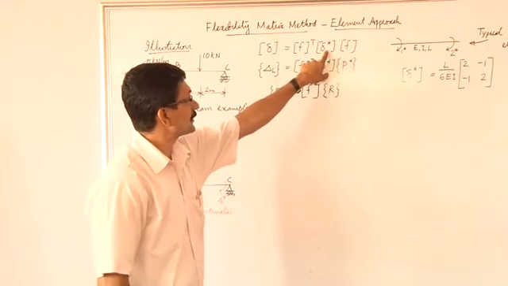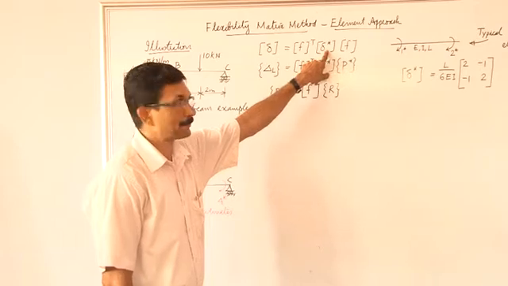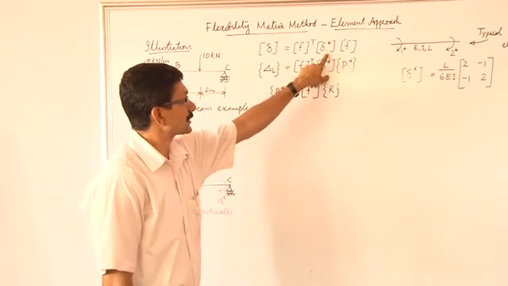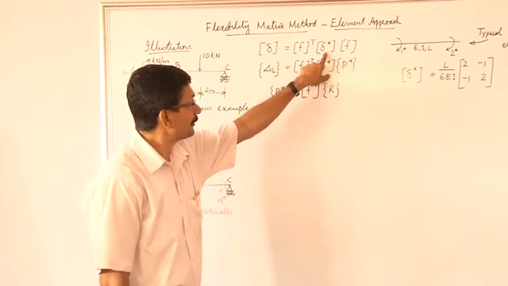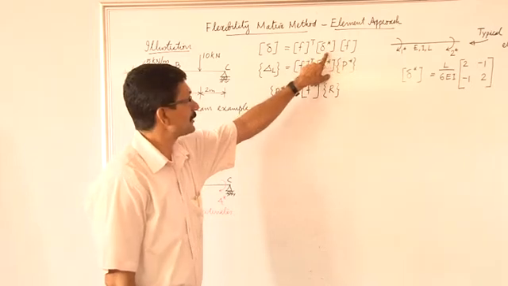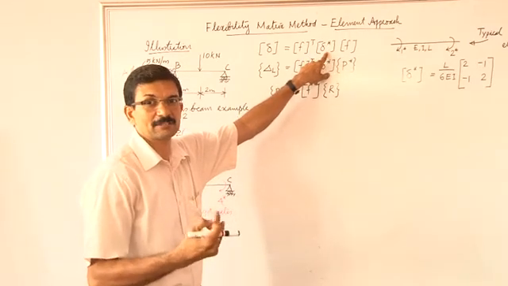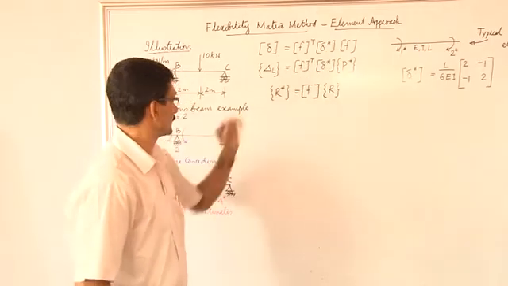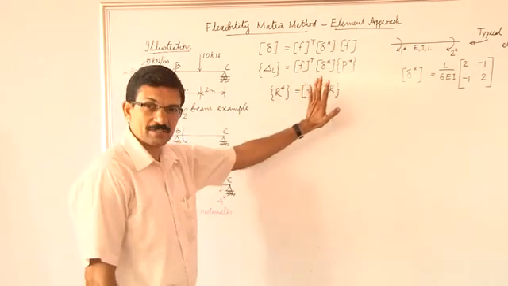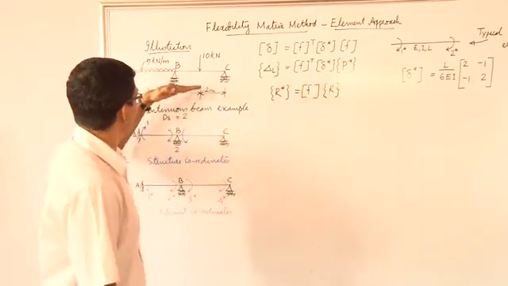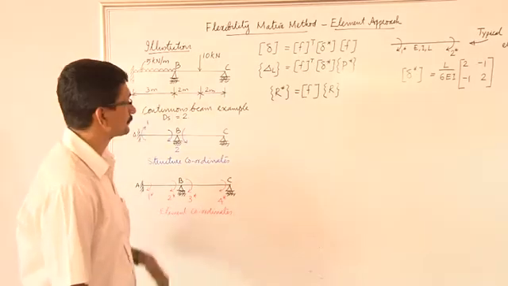Delta star represents the element flexibility matrix, which is the unassembled element flexibility matrix. Now for illustration, I have taken an example of a continuous beam.